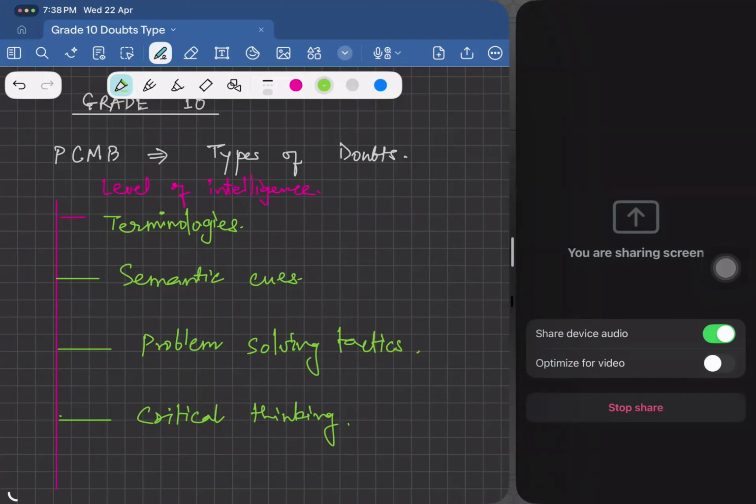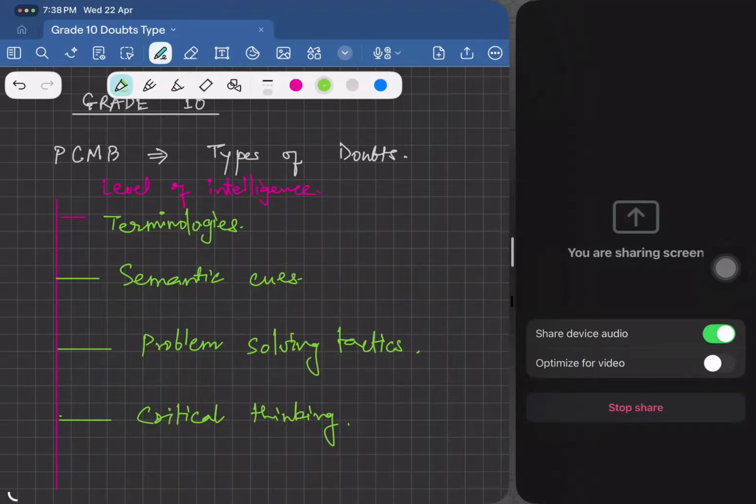I'm thinking widely here. While you're doing all these things with deep thinking, that's known as the critical thinking skills.